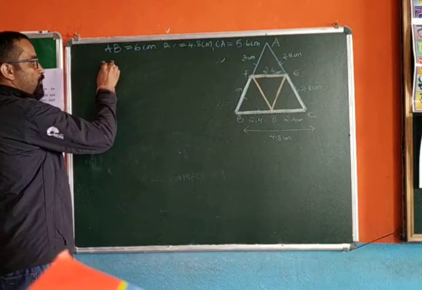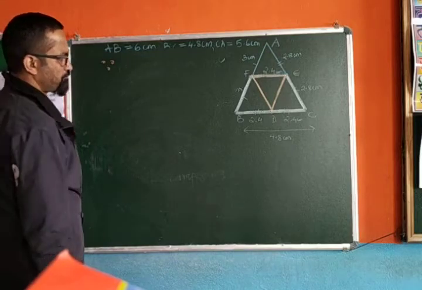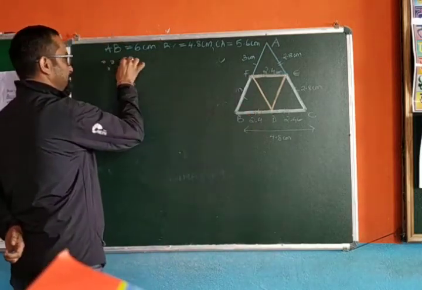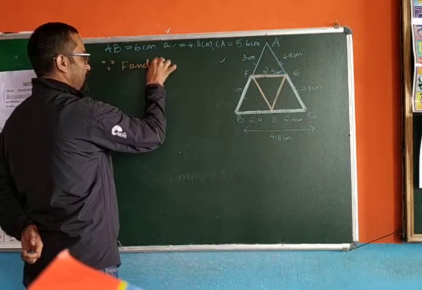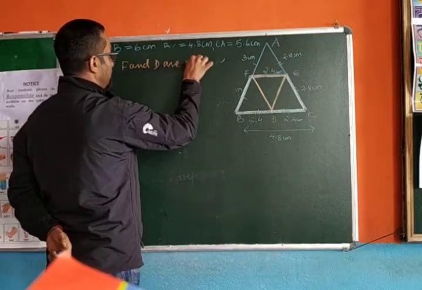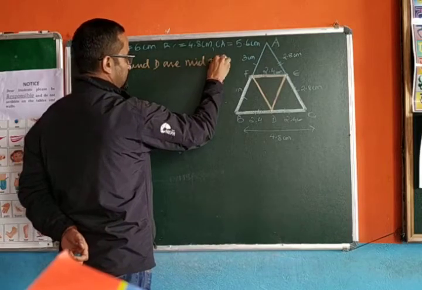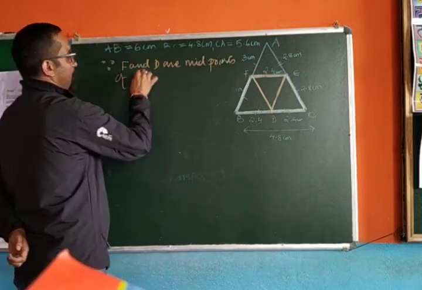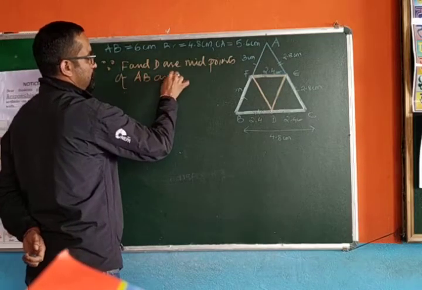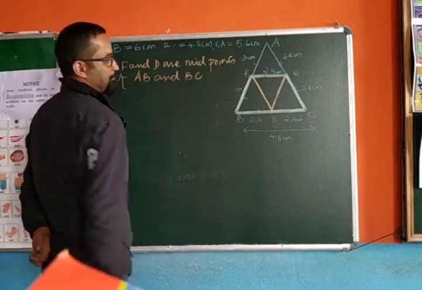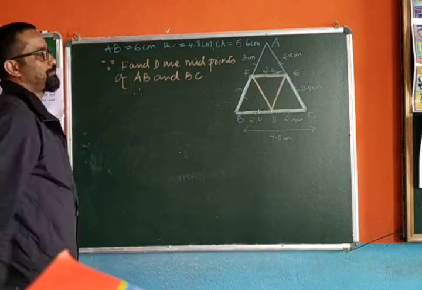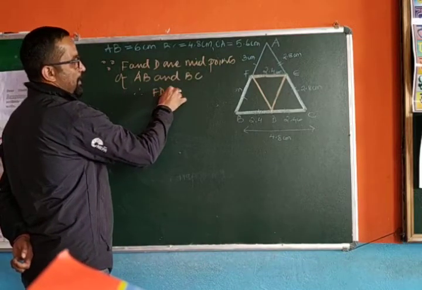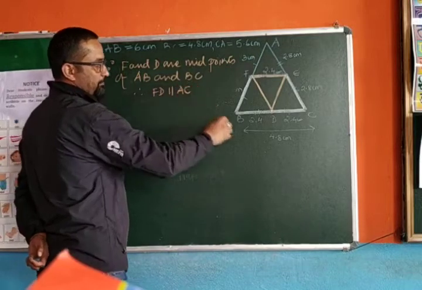Look at the calculation. Since F and D are midpoints of AB and BC, therefore FD is parallel to AC.